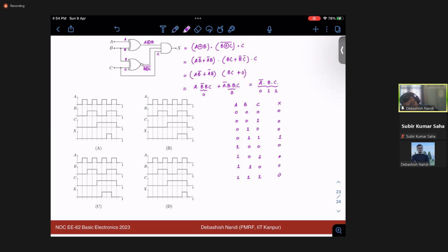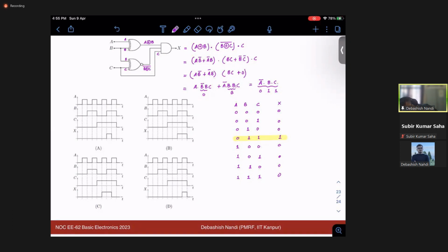Fine. So we need to find out this case in the entire stuff, right? These options. So we need to find out A is 0, B is 1, C is 1.